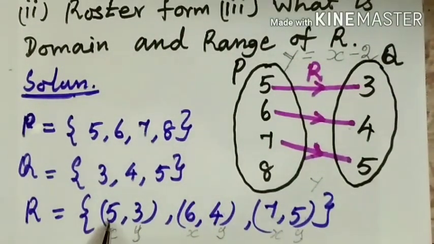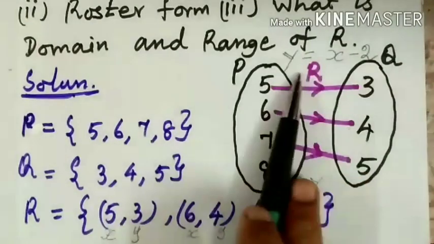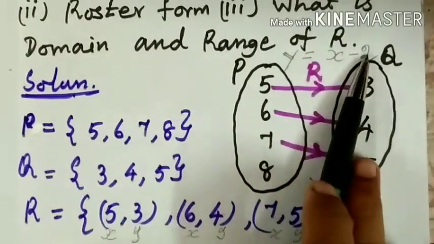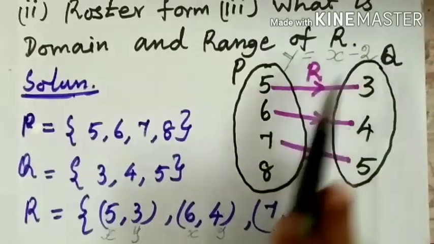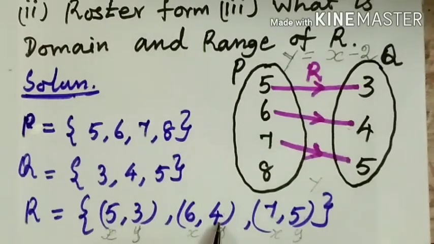See here, this one is the x coordinate and this one is the y coordinate. So y equal to x minus 2 means, x element 5 minus 2 we get 3, that is the y element. Then 6 minus 2 we get y coordinate 4. Then 7 minus 2, y coordinate we get 5.